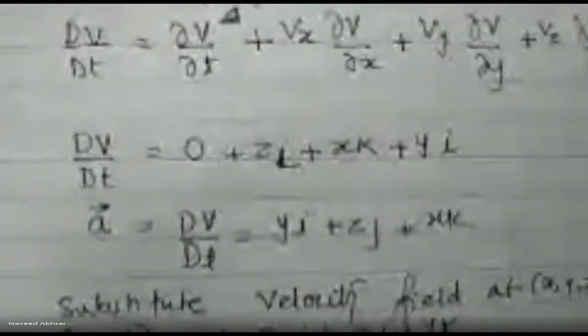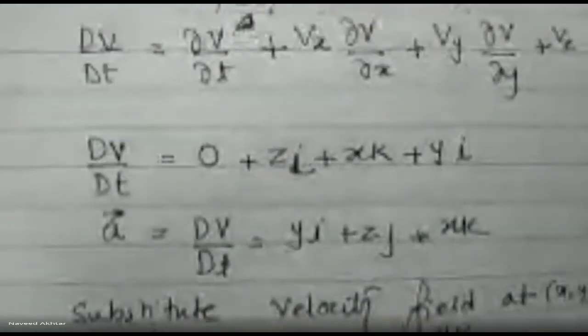So I will write down zi plus xj plus yk. We also got the acceleration field: yi plus zj plus xk.